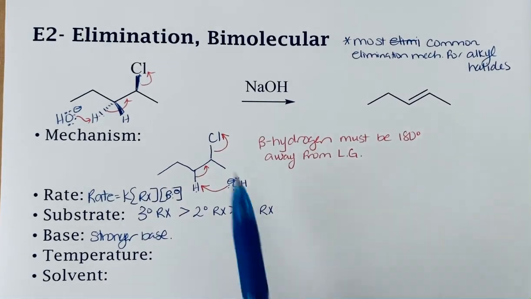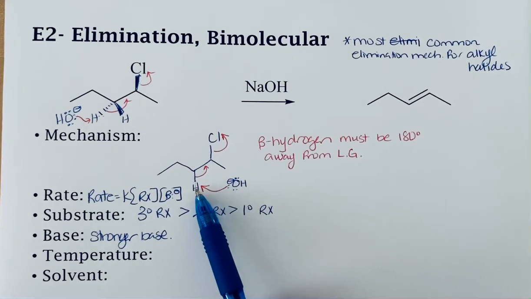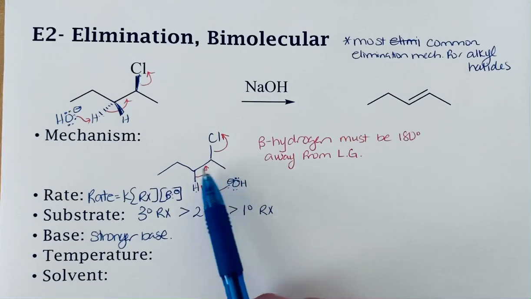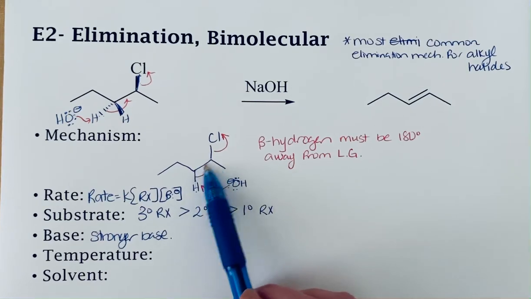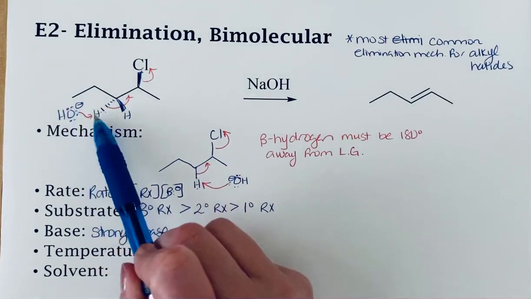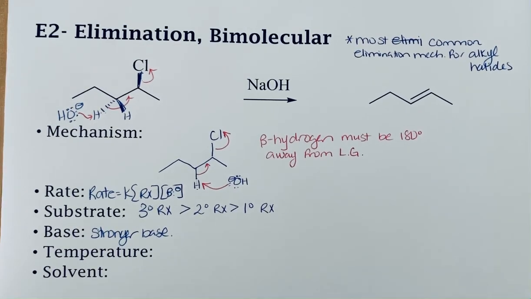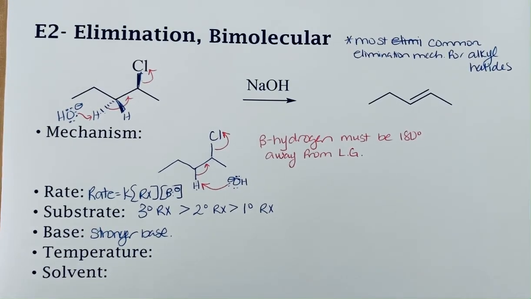Okay. And so when I did this reaction with the hydroxide, I took this hydrogen from this beta carbon rather than from the end in order to get the most substituted alkene that I possibly could. And I also deliberately took the one that would give me the trans alkene and not the cis alkene, because we know that trans alkenes are more stable than cis alkenes.